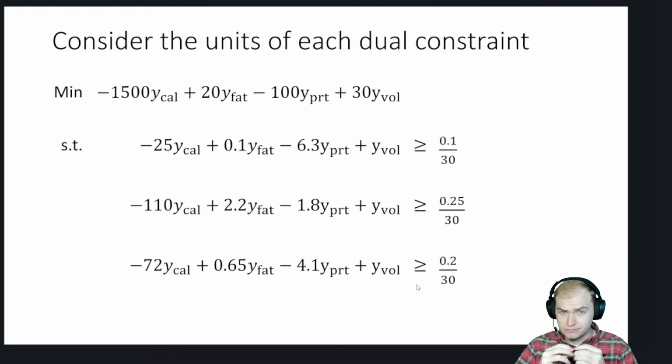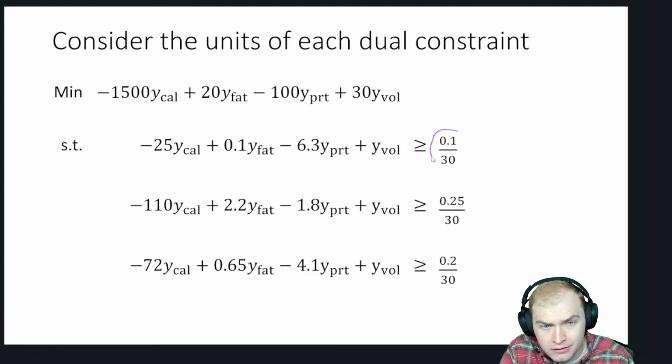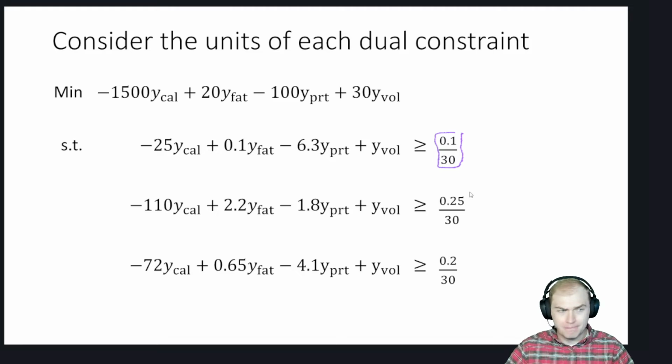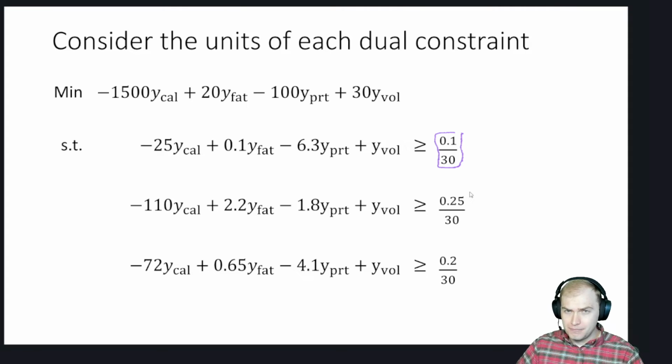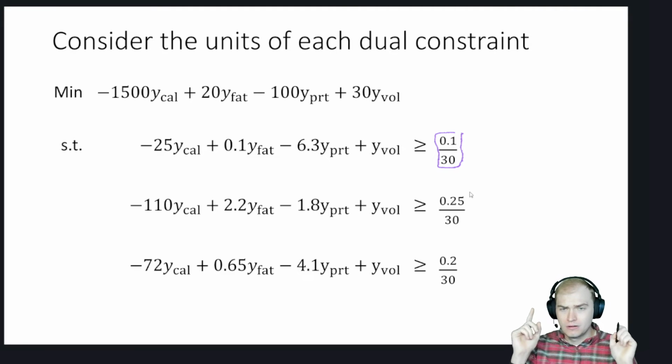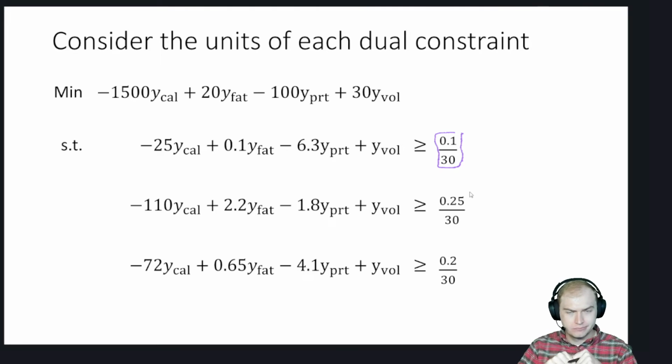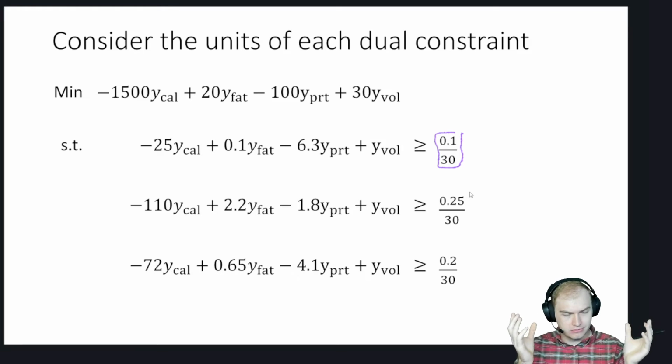When I say unit, I mean that each coefficient means something, right? If you've taken physics, you're familiar with unit analysis and jumping between different units. And you know that both sides of this equation should have the same unit, because apples and oranges are not comparable.